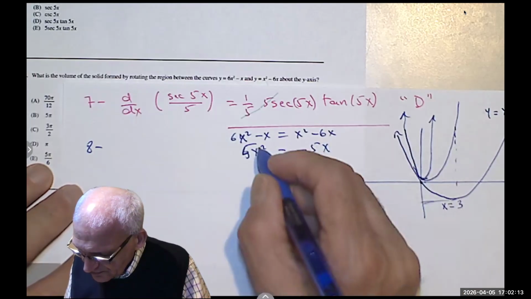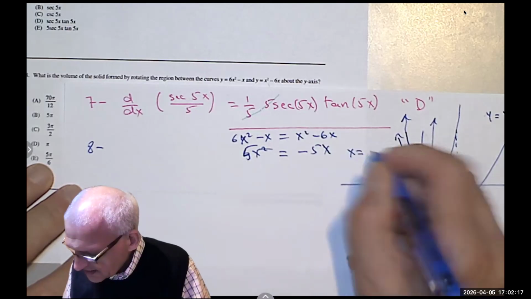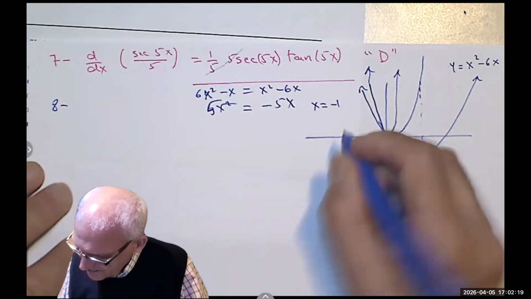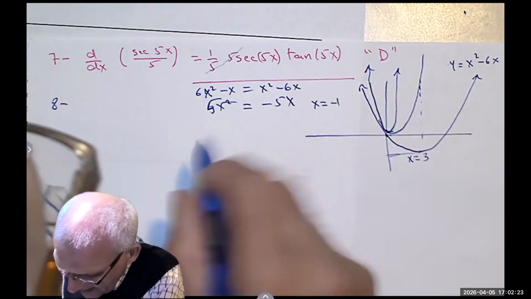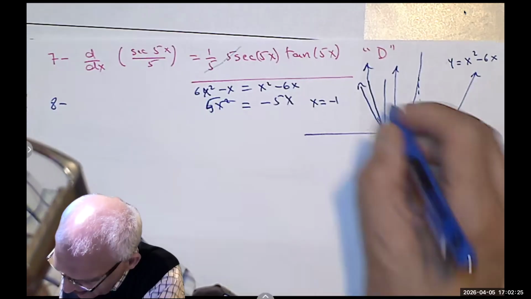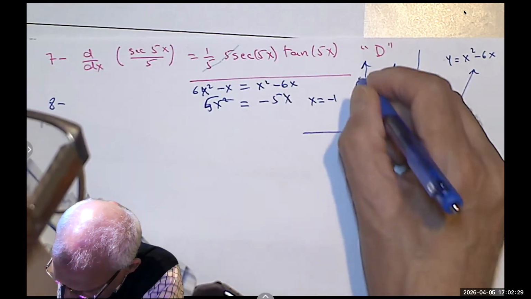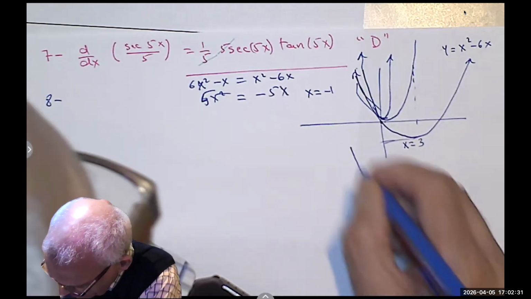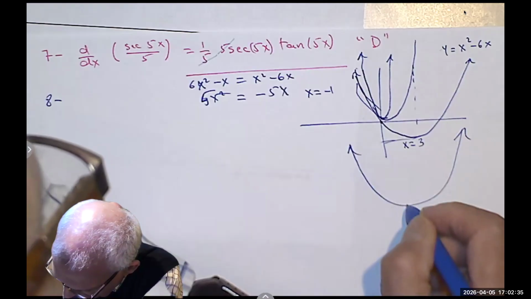So either x equals negative 1 or x equals 0. Maybe one of them would look like that.